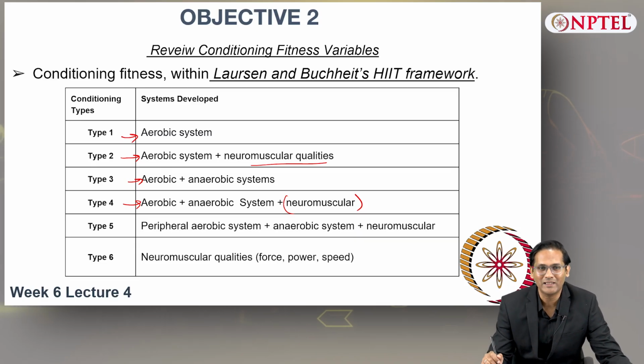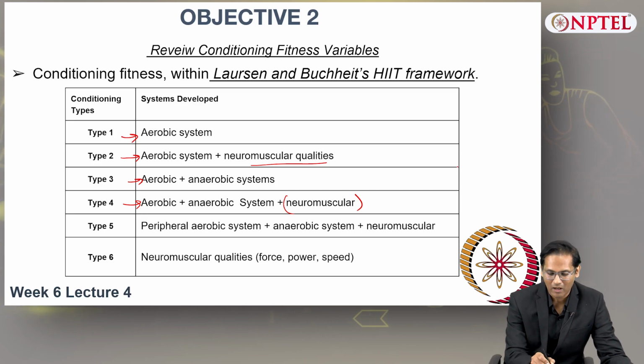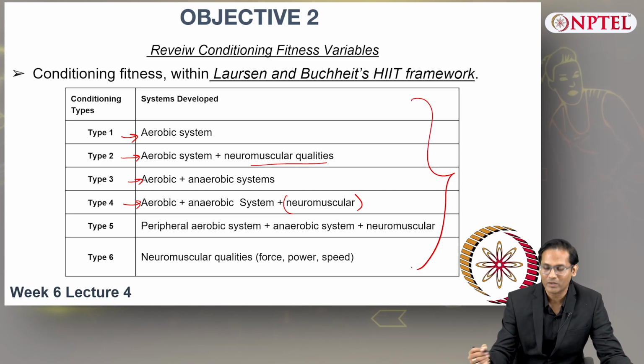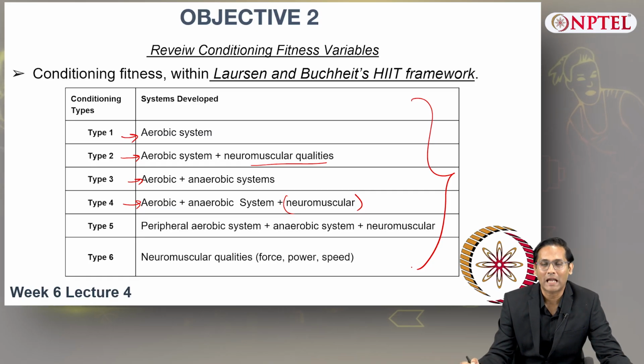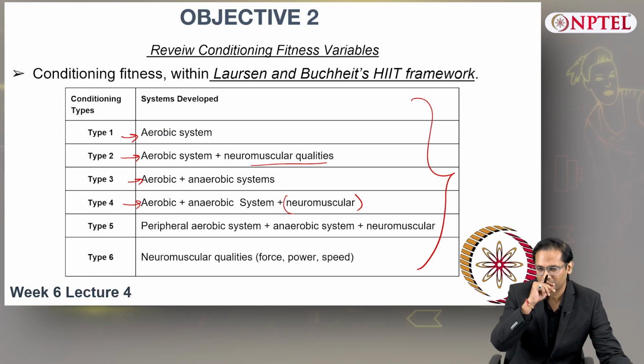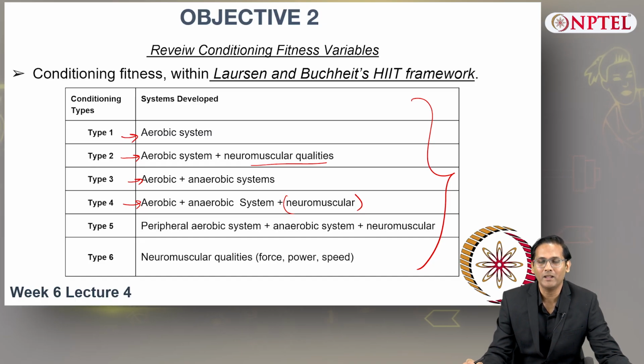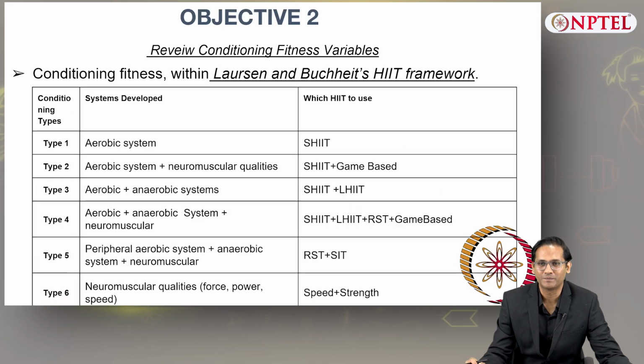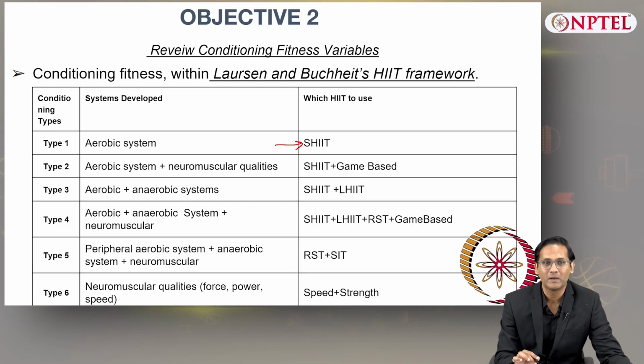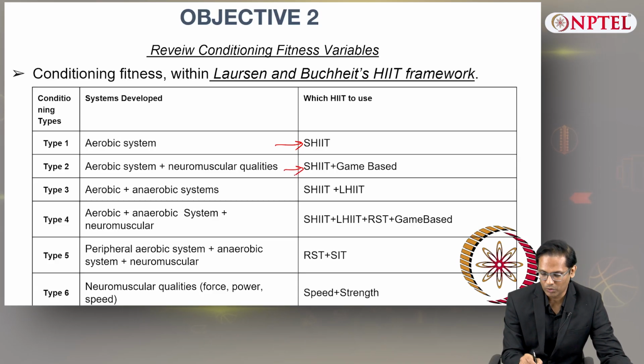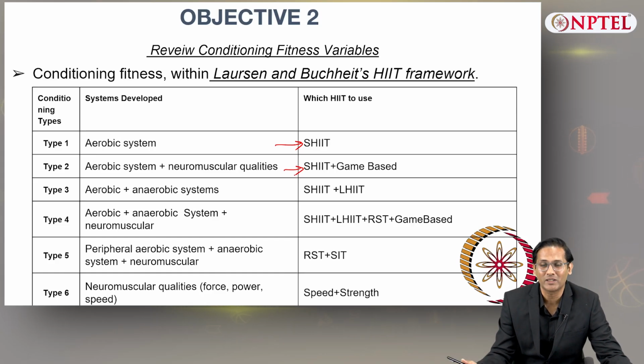Now taking this types of conditioning one step ahead, let's connect how these conditioning can be developed by applying different types of HIIT. So if you want to develop aerobic conditioning, you select short HIIT. If you want to develop type 2, you select short HIIT and game based conditioning method.